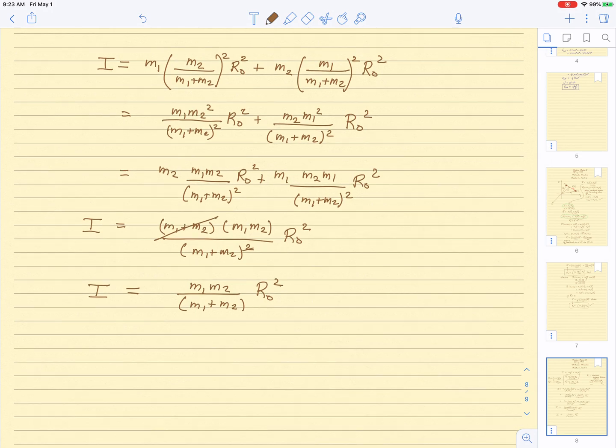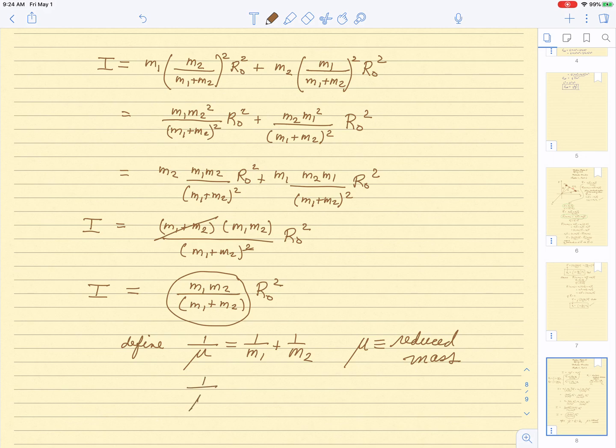Now this comes up frequently in central force problems for two bodies, the two-body problem, and so we give some special names to this assemblage of masses. So we define 1 over mu as 1 over M1 plus 1 over M2, where mu is called the reduced mass.